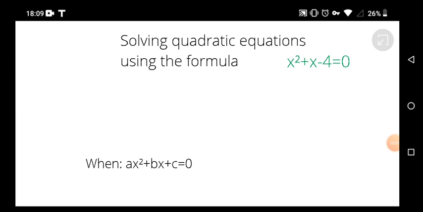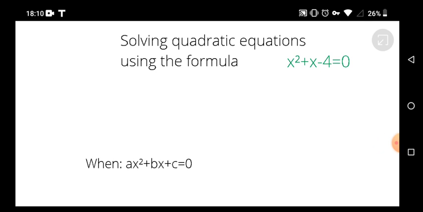Today I'll be showing you how to solve quadratic equations, this time using the quadratic formula to be exact. Last time I showed you how to do it with factorisation, but the problem with that, as I mentioned, is that it only works if you can find whole integer factor pairs, because that's what you can do mentally in your head, written down, without a calculator.